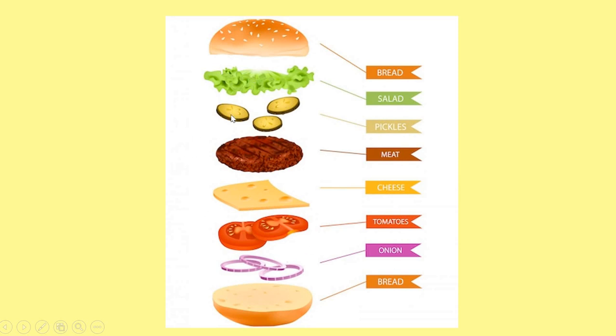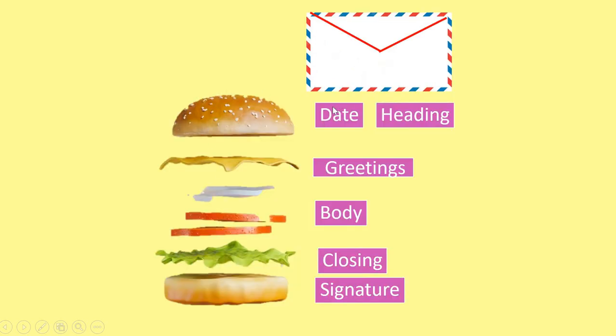And in between, there are salad, pickles, tomatoes, onion, and so many things. Similarly, you have a few parts for your letters, like date or heading, then greetings, body. In the body, the main content is here. Then closing of the letter, and finally your signature. Okay, I'll tell you in detail.